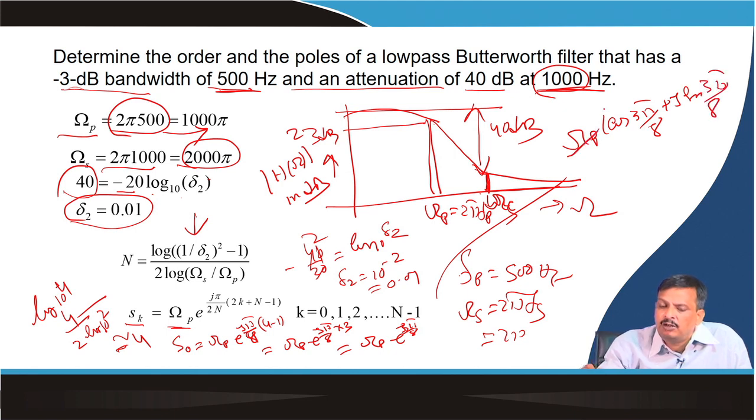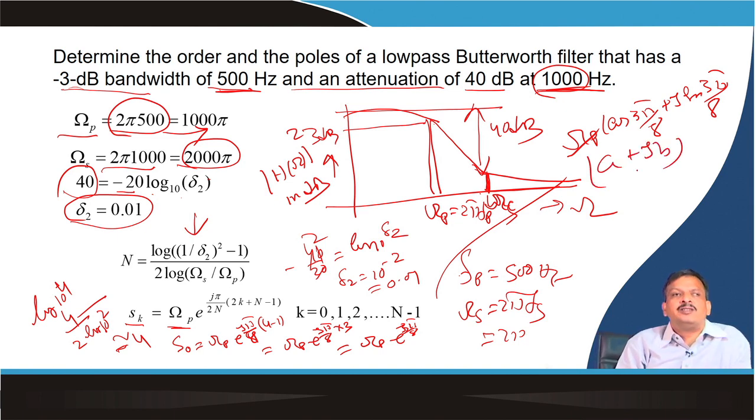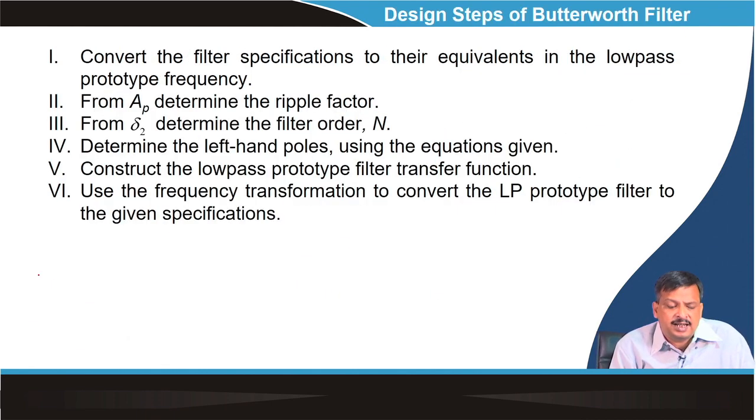So, omega p you know, you can get that complex pole, let us say a plus jb. Then put k equal to 1, k equal to 2 and k equal to 3. You calculate S0, S1, S2, S3. Once you calculate it, what is the transfer function Hs?